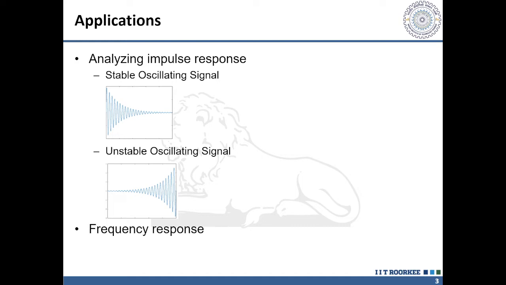And if we pass an impulse through a system, since impulse is a signal with all possible sinusoidal frequencies, then if we perform Fourier analysis on the impulse response, we can see all the modified sinusoidal frequencies. And if we perform Z transform, both the tasks are accomplished at the same time.